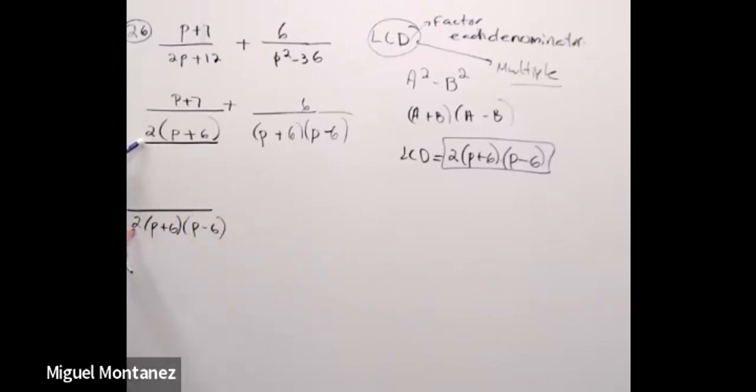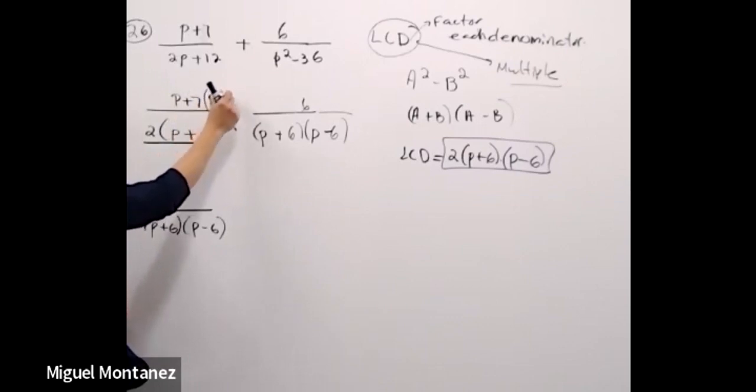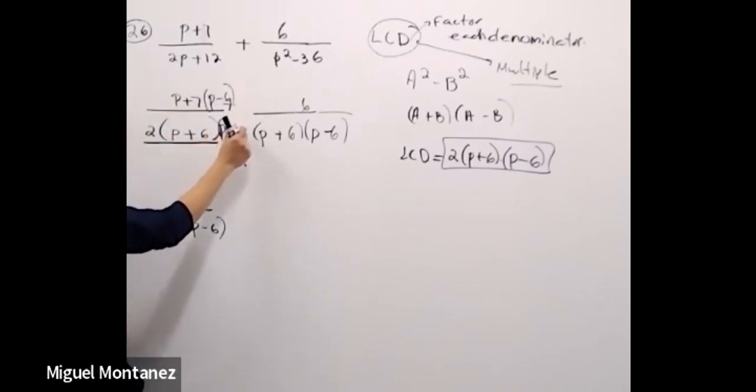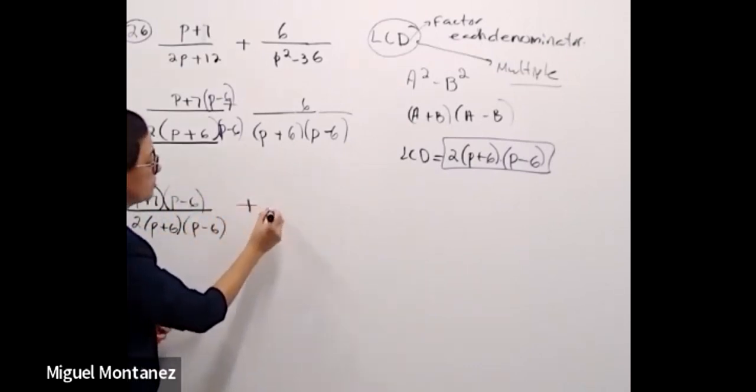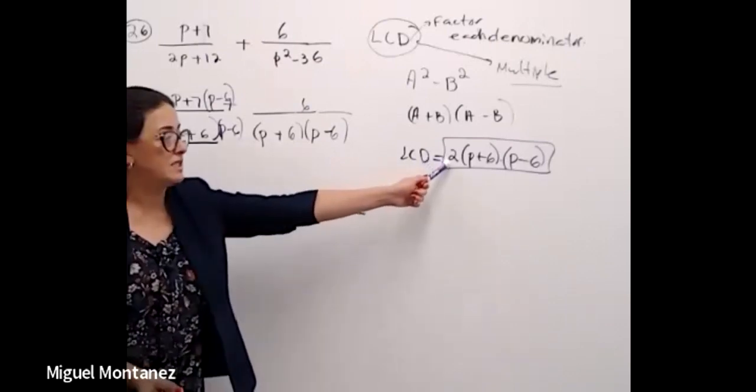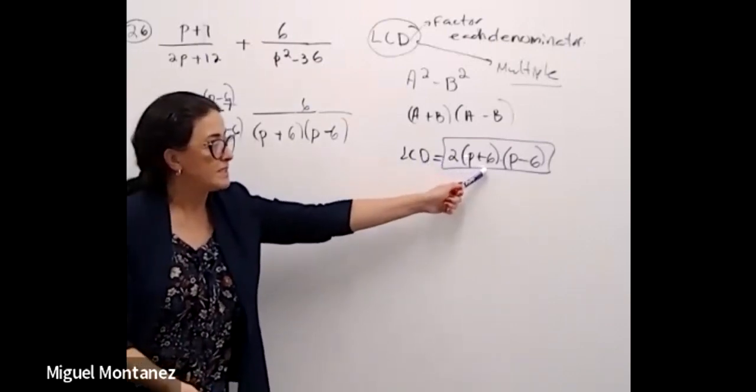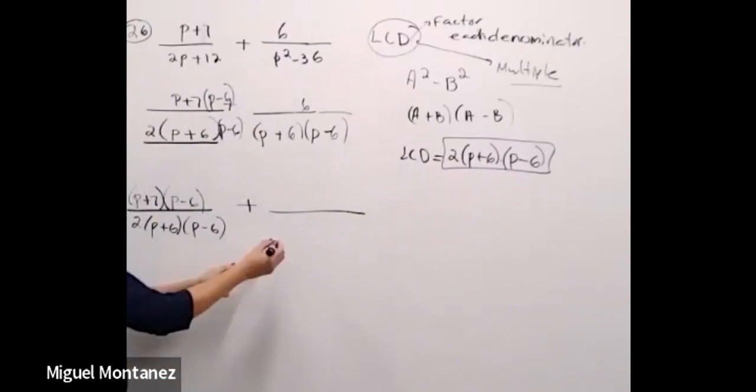So now we compare. We have the 2, the p plus 6. We're missing p minus 6, so that's what we multiply top and bottom by. The first fraction will be p plus 7 times p minus 6. In the second fraction, the LCD that we're looking for is 2, p plus 6, p minus 6.